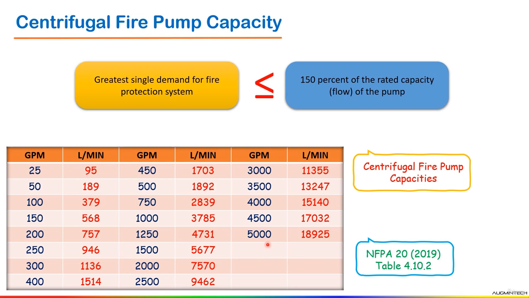Can I use capacity of this pump more than 5000 gpm? A centrifugal fire pump with rating over 5000 gpm shall be subject to individual review by either the authority having jurisdiction or a listing laboratory. Okay, so we have to follow this concept.